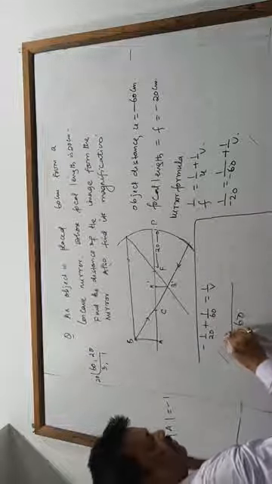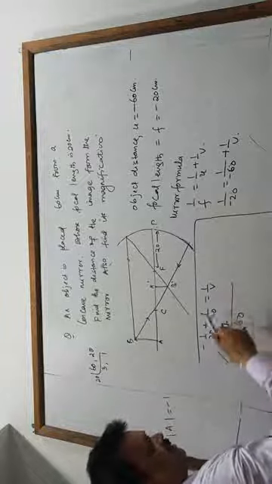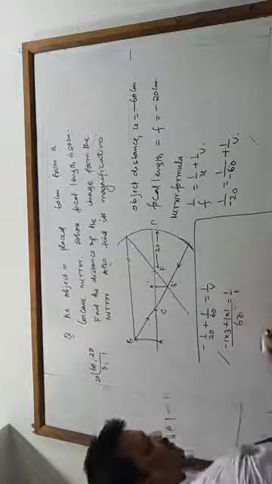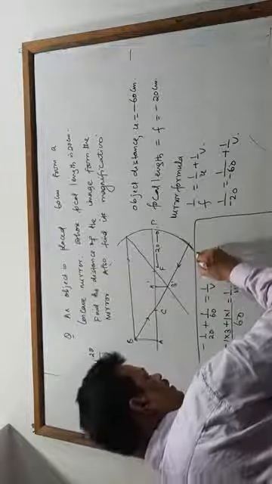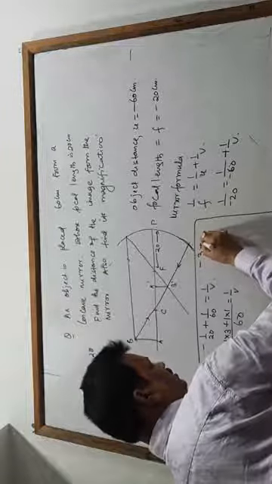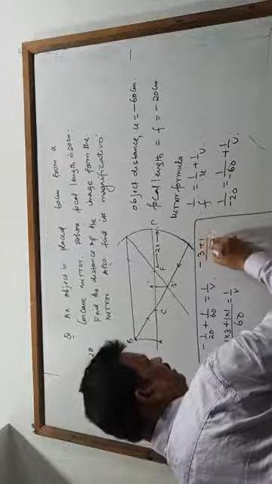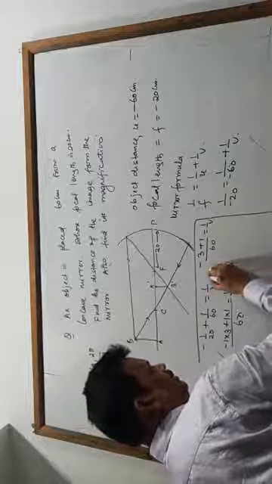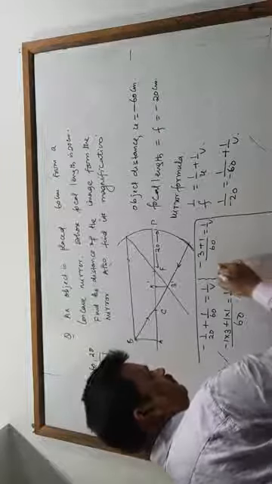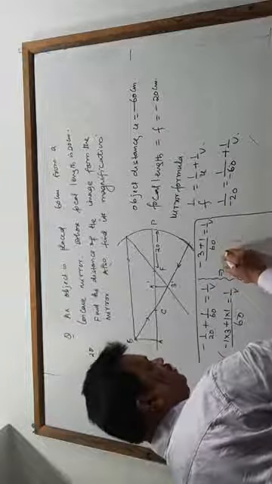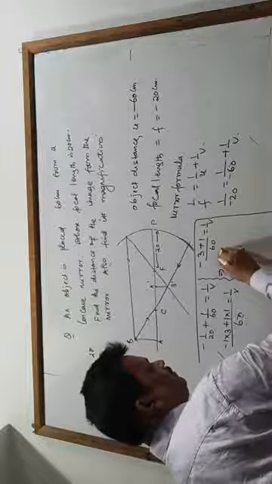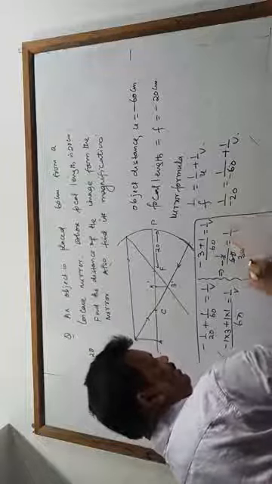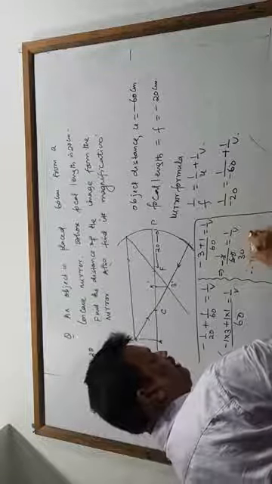So minus 1 into 3, 60 by 60 is 1, 1 into 1 equals 1 by v. So how much did you get? Minus 3 plus 1 by 60 equals 1 by v. Implies minus 2 by 60 equals 1 by v. Therefore v is equal to, flipping, minus 30.